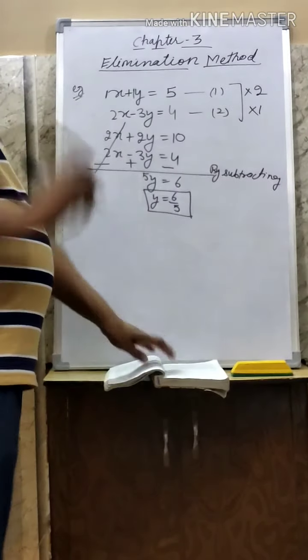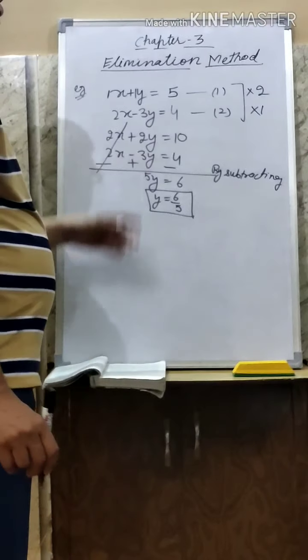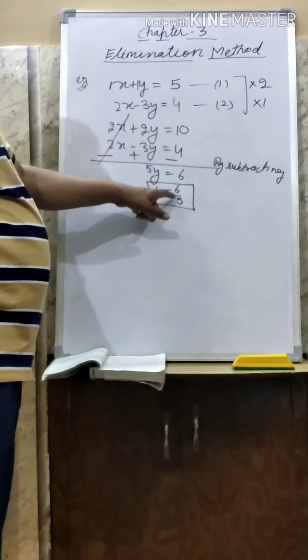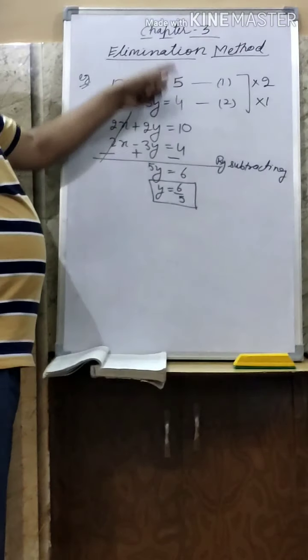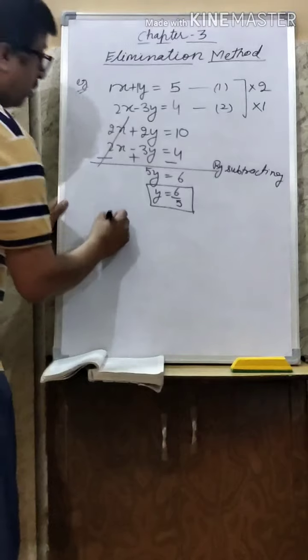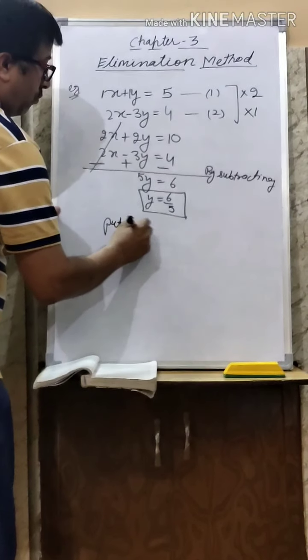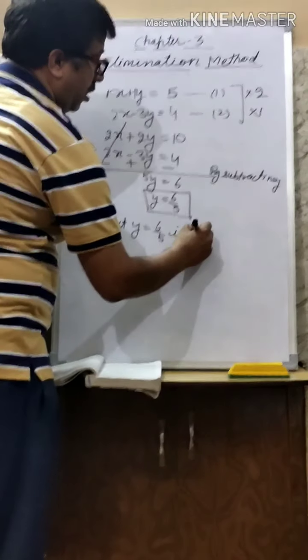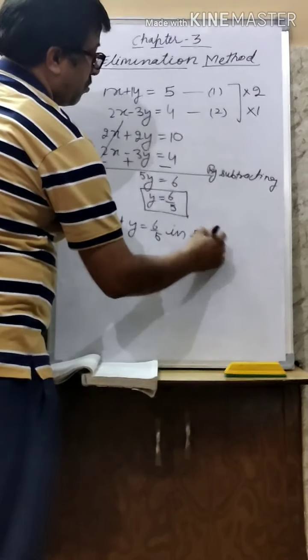This is the one value of y we have got by the elimination method. Now, if you have one value of y, you can put it in any one of the equations, as you do in the substitution method. So put y is equal to 6 by 5 in the first equation.